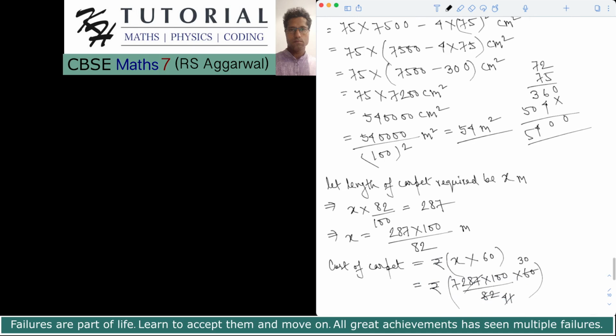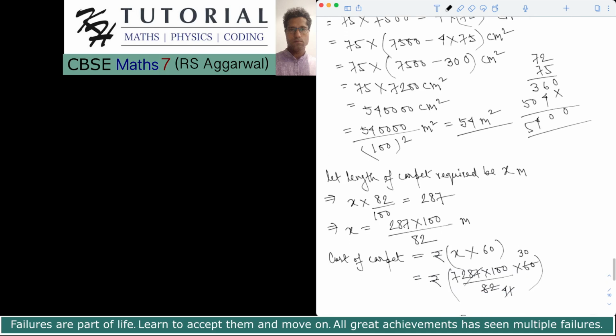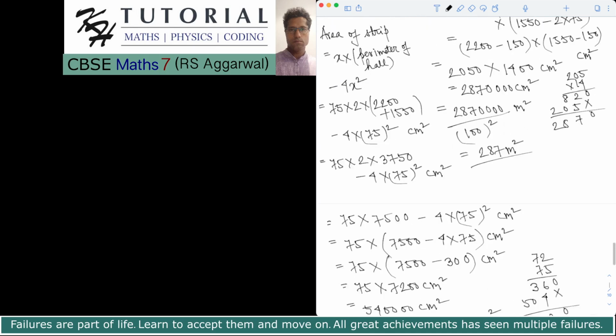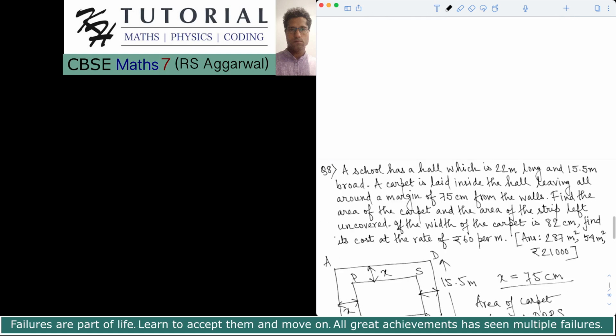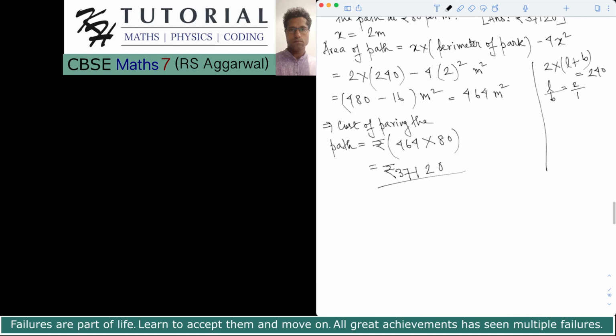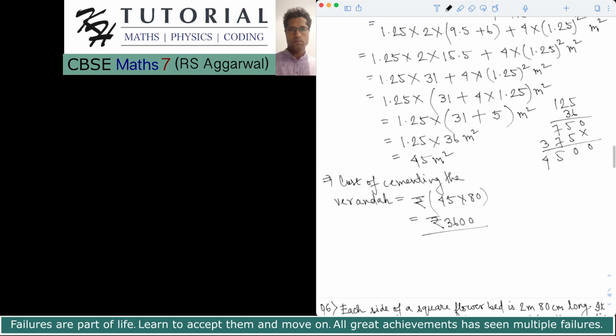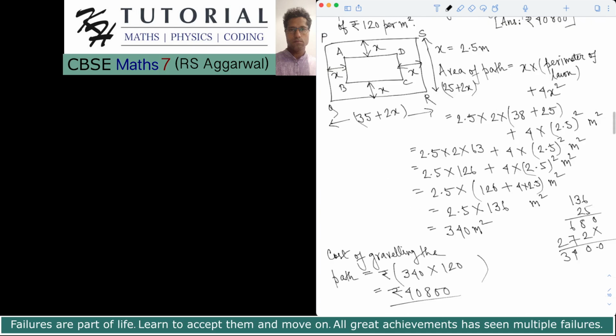Okay, so this brings to an end solving the first 8 problems of exercise 20B. All these problems were heavily based on finding the area of a path constructed outside or inside along a rectangular plot. I hope solving these problems will give you a good idea of how to solve this kind of problem.